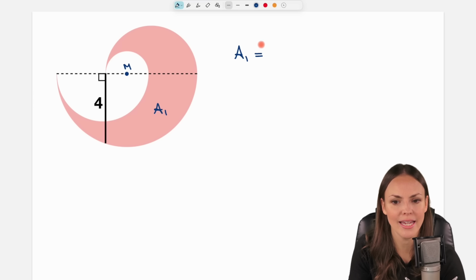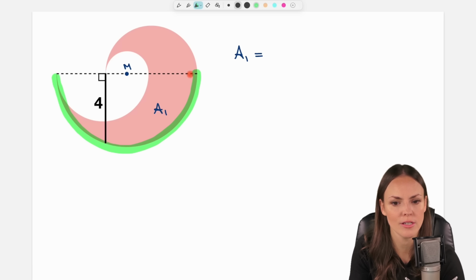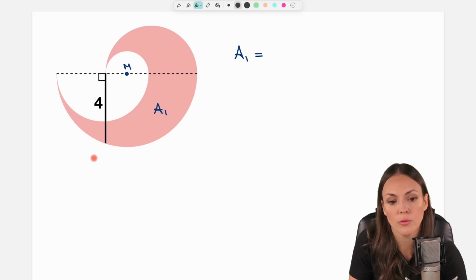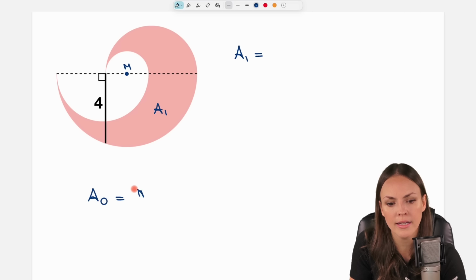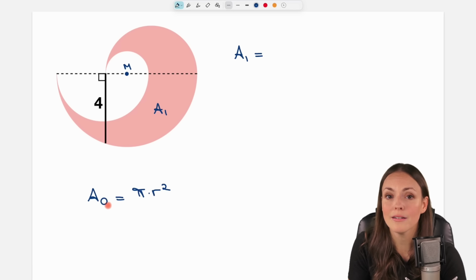How can we find A1, the area of this largest semicircle? Well, there is a formula for the area of a full circle, which is pi times the radius squared. But here we are not interested in a full circle.